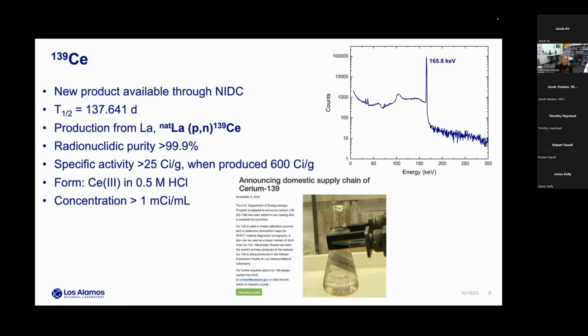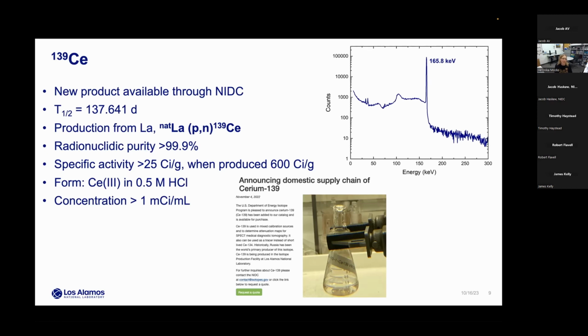Since we're talking cerium, I don't want to take much time, but I also want to mention cerium-139, which is a new product in the NIDC catalog. This one is much longer lived than 134, but the thought is, and I hope we can have a discussion on this, that there might be a possibility to use cerium-139 for some proof of concept early studies, if the customer is not ready for the very short-lived cerium-134 product.